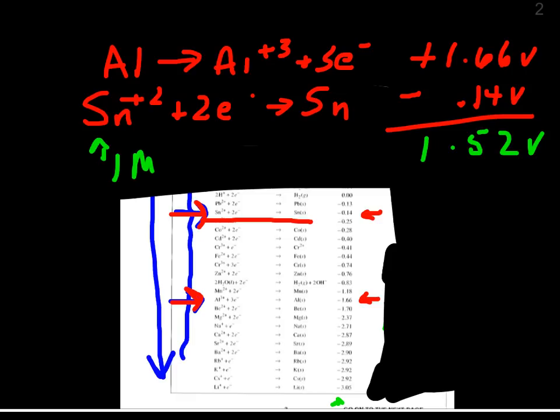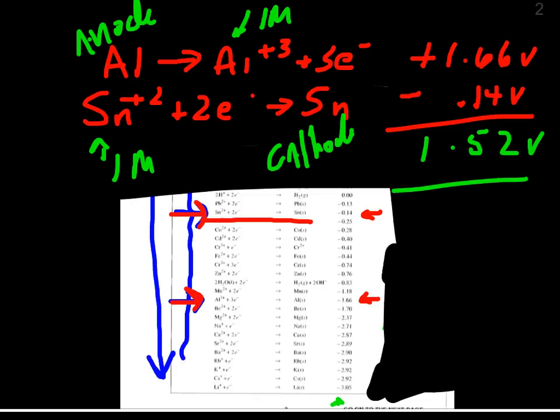So I would have 1 molar concentrations of the ions present, and I would have the anode be the aluminum because that is the place of oxidation, and the cathode would be the place of reduction. Anyway, I would expect to get 1.5 volts out of a battery. So that is how you use standard reduction tables.